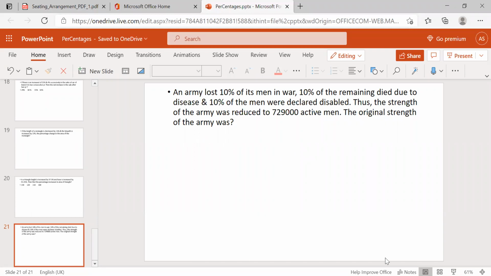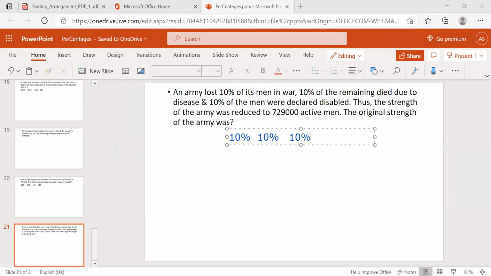So like that, we have to calculate this by using these fractions. Just like with the triangles, just like we were finding the area change of the triangle, we do this one also. 10% decreases first, and then again 10% decreases, again 10% decreases due to disability.